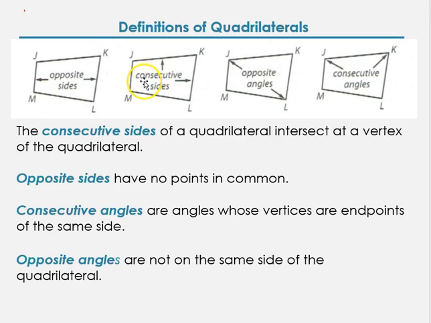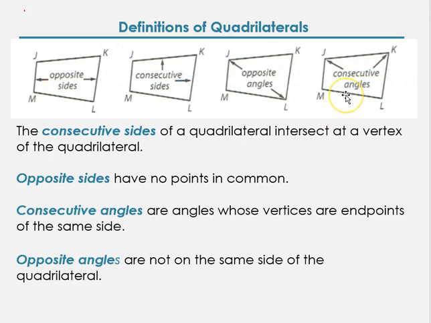They are consecutive sides. If you were calling out this quadrilateral JKLM, you would move from J to K, K to L. They are listed consecutively. Opposite sides have no points in common, so JM and KL will not be touching each other.